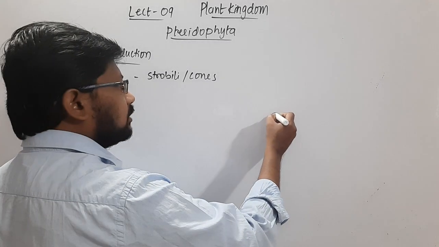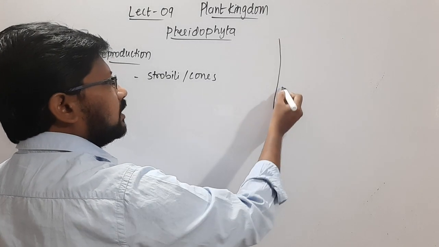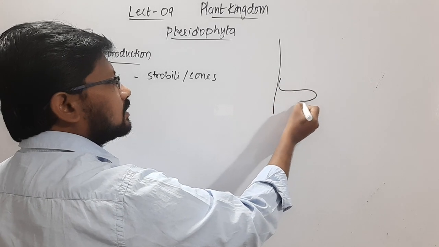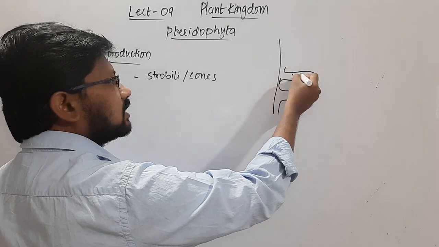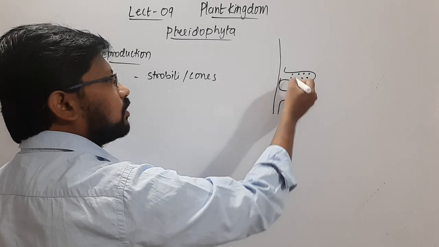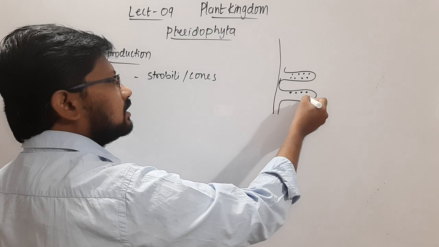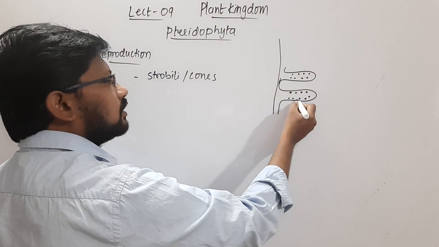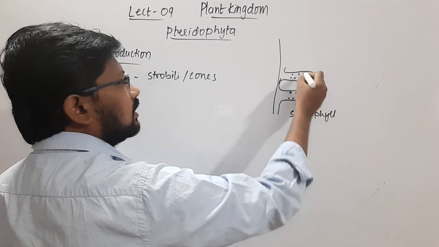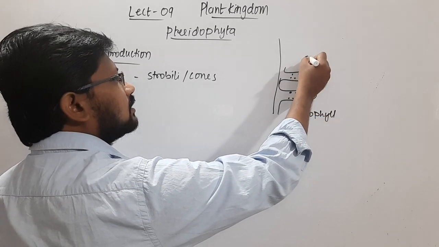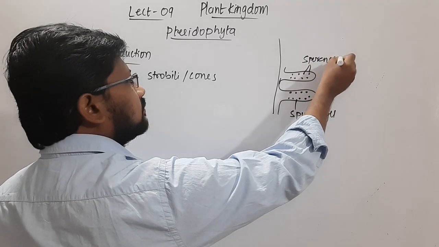There will be leaf-like structures on which we see the presence of sporangia. So this is what we call the sporophyll, and these are sporangia.